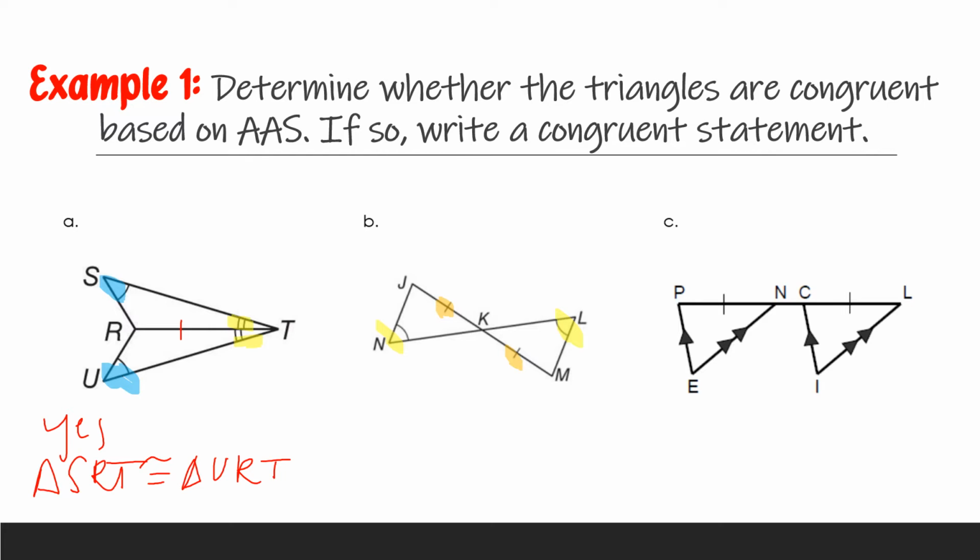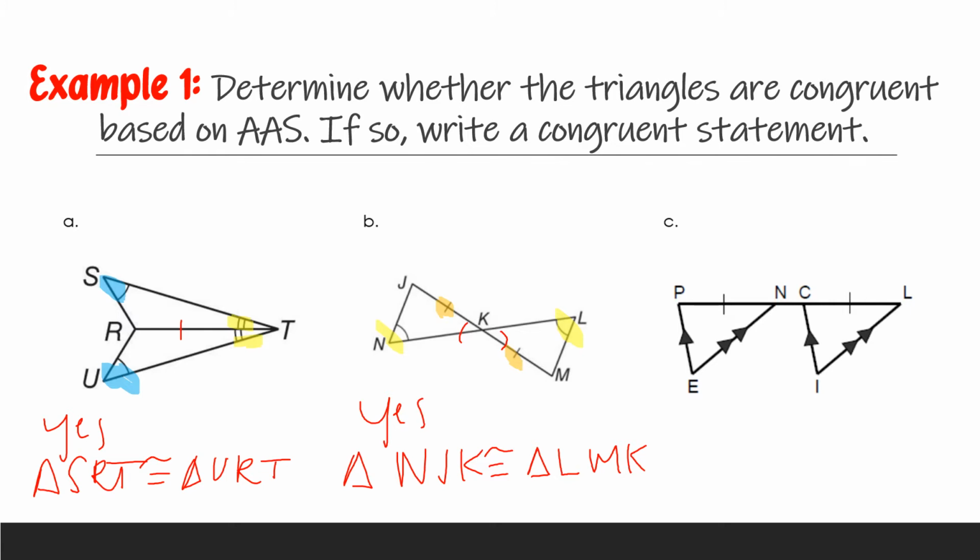So we would be able to make a conclusion that JKN and MKL are going to be congruent. So if we look at how it's marked now, we can see there are two congruent angles and the non-included sides are also congruent. So these triangles will be congruent by angle angle side. So this would be triangle NJK is congruent with triangle LMK.